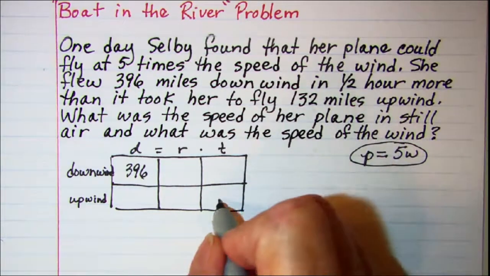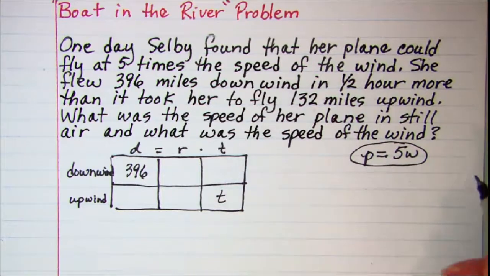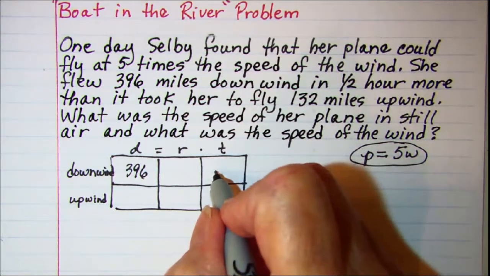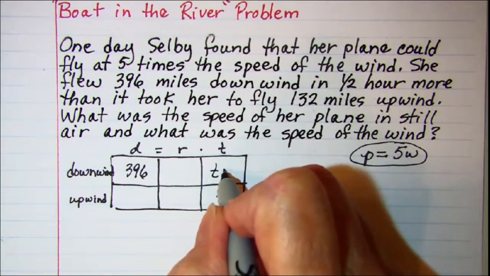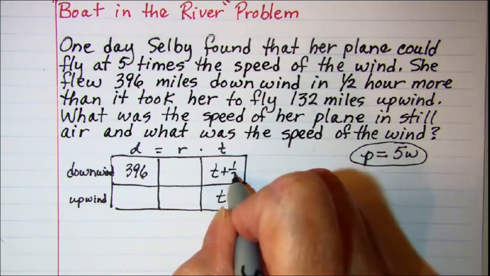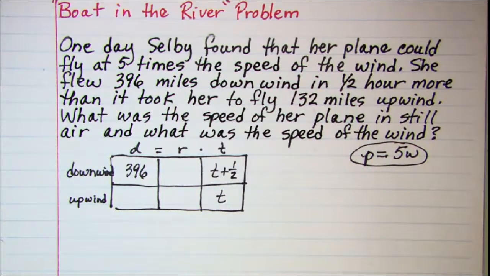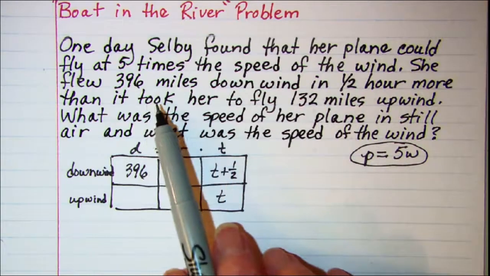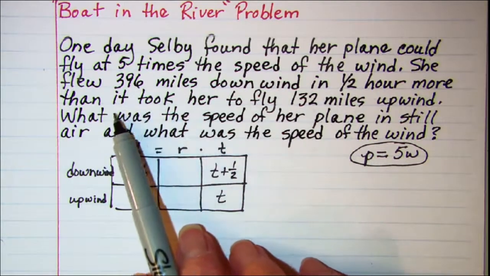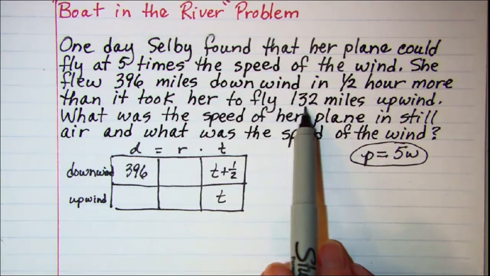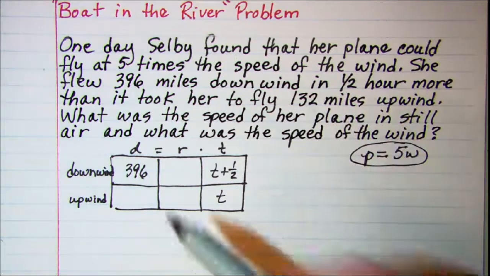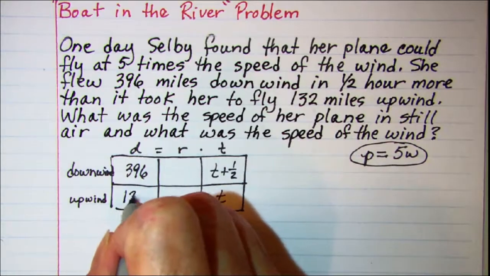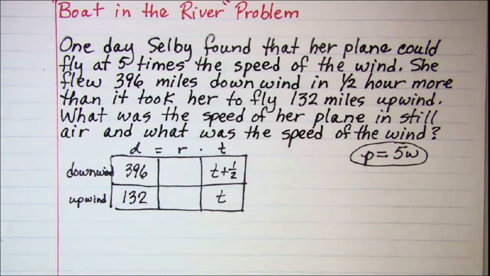So I'm going to let T be my upwind time, and then my downwind time will be a half an hour more than that. And half an hour more than it took her to fly 132 miles upwind. So 132 goes in the distance part of my dirt box for upwind.